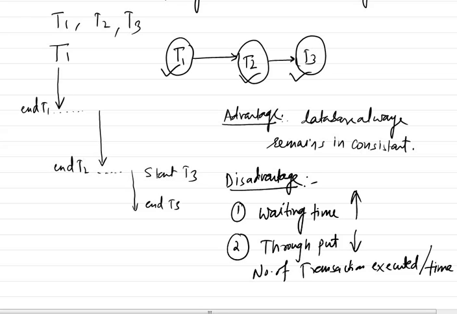Because of waiting time, in a given span of time the number of transactions is very small. The third disadvantage is that we cannot utilize the resources very efficiently, that means resource utilization will decrease. These are some advantages and disadvantages of serial schedule.